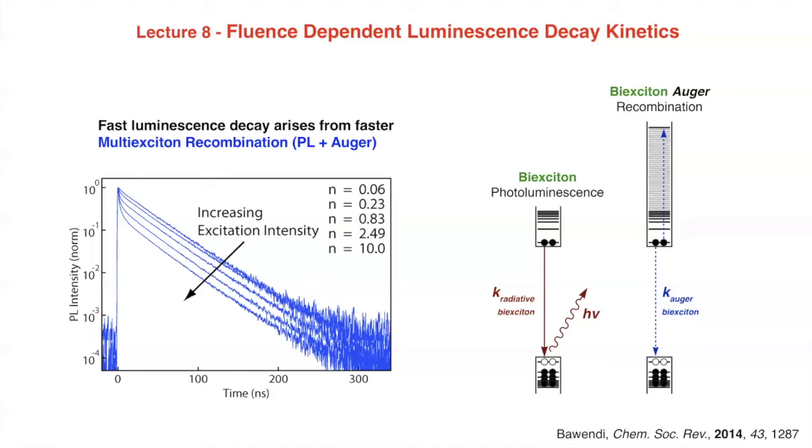Auger recombination turns out is about an order of magnitude or two faster than radiative recombination for reasons other than just simple counting statistics. And you can see that if you play with the laser power. So you start creating higher and higher concentrations of these multi-excitons, and you start seeing their decay kinetics first, and then a much slower decay from a standard monoexciton.